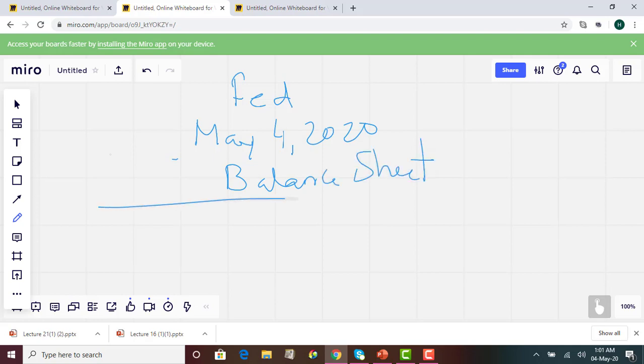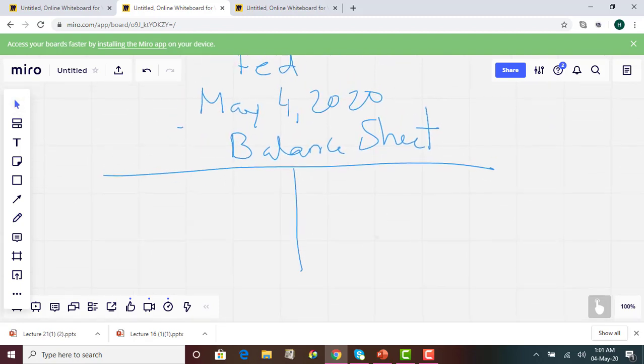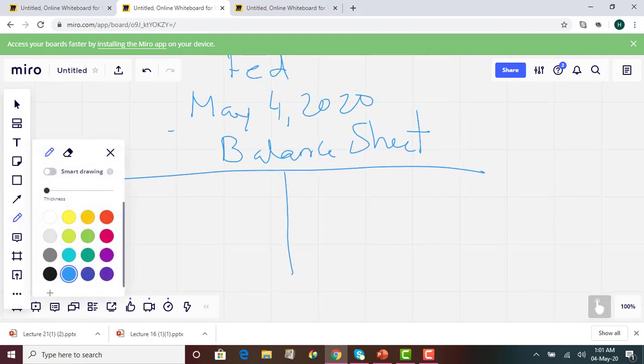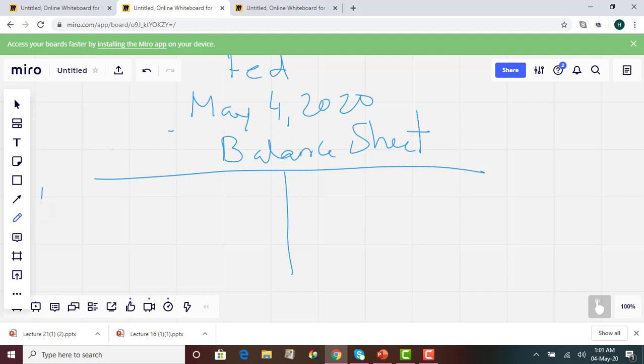Again, just like a normal bank, on the left hand side, we will list the assets of the Fed. On the top right hand side, we will list the liabilities, and at the bottom right hand side, we will list the net worth.